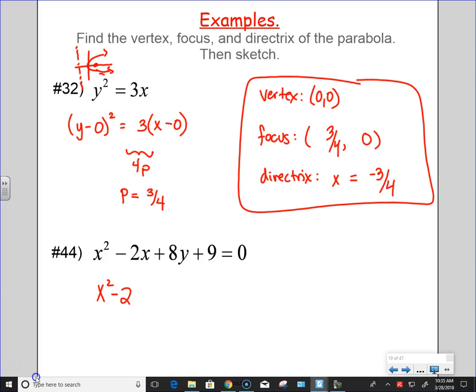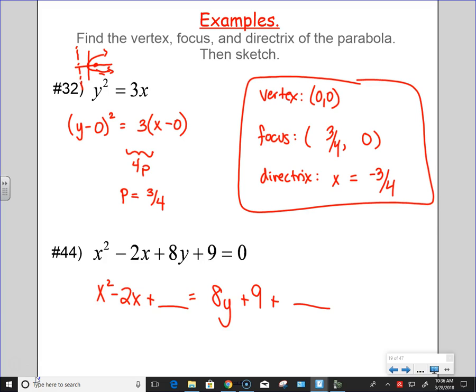Why am I going to start by doing this? Because don't I want the squared guy to be on the left? But I need to complete the square to make it x minus h squared.